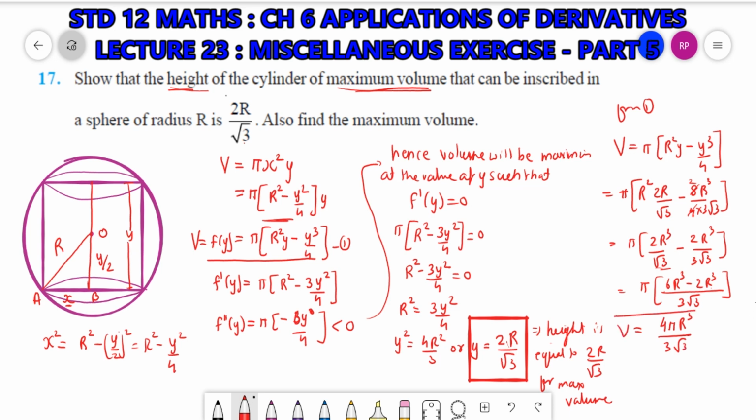This is the volume. Hence the maximum volume is 4 pi r cube upon 3 root 3. Okay, clear? So this was about question number 17. So just note it down.